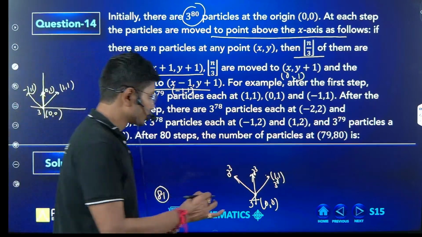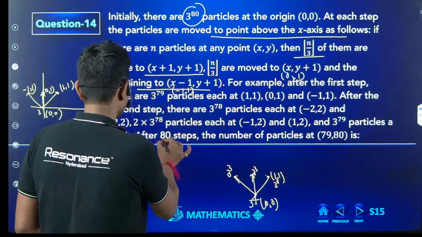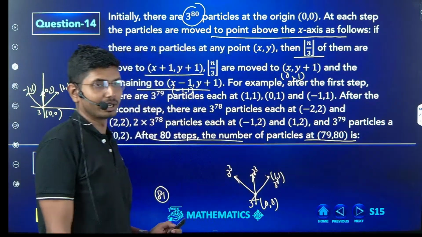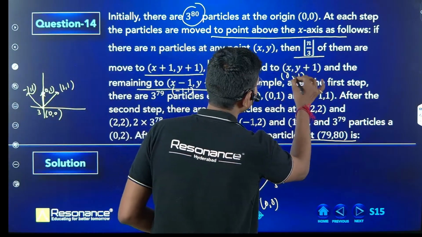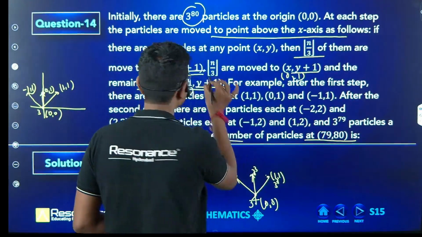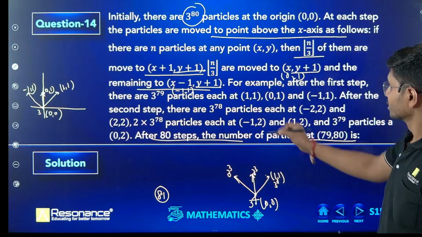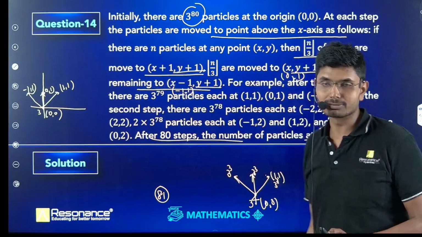They are saying that after 80 steps, they have to go to coordinate 79, 80. What we observe from here is that every time the y coordinate will increase by 1. The y coordinate is increased by 1, but the x coordinate sometimes will decrease, sometimes stay constant, sometimes increase by 1.